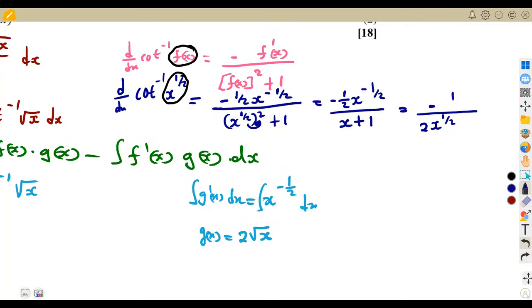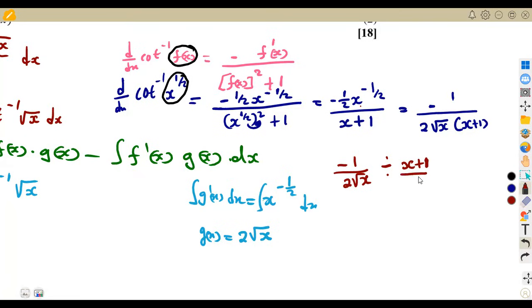But x to the exponent of a half means what? It means the square root of x. So it's going to be minus 1 over 2 square root of x, divided by x plus 1. So this was supposed to be written like this, guys. Minus 1 over 2 square root of x, all divided by this x plus 1 that we see here. So I've got something of that nature.